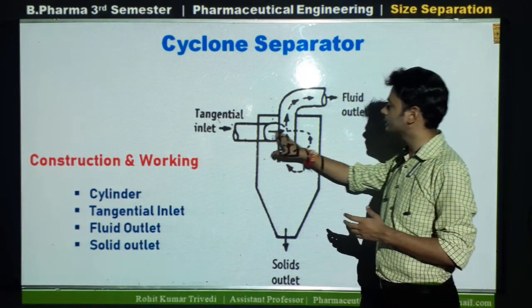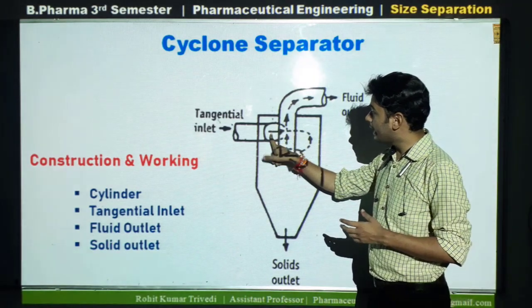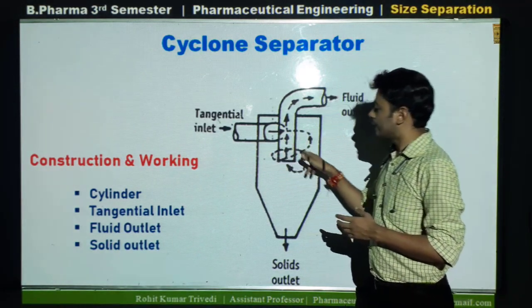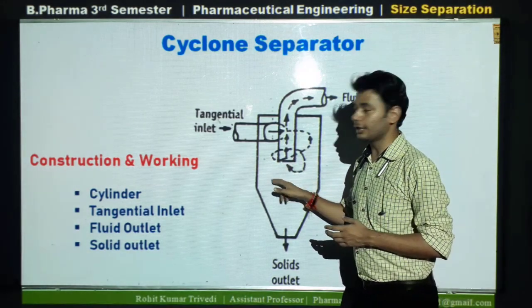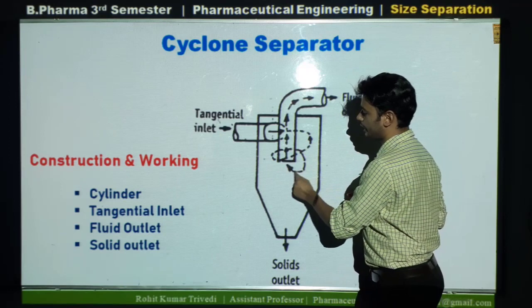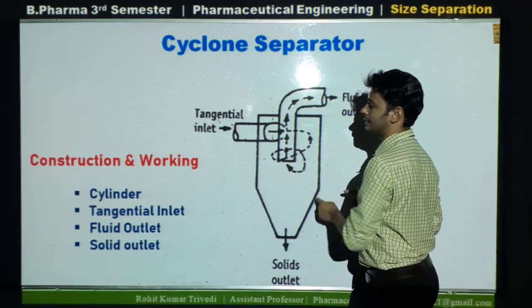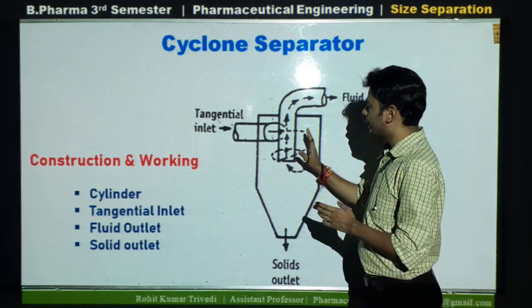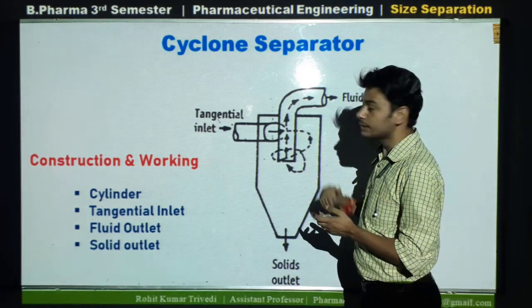These are taken inside the cyclone separator, and the high velocity air makes a cyclone inside it. Here in this structure, you can observe this kind of circulatory movement of air, which is called a cyclone.